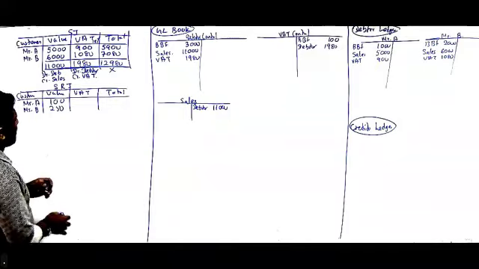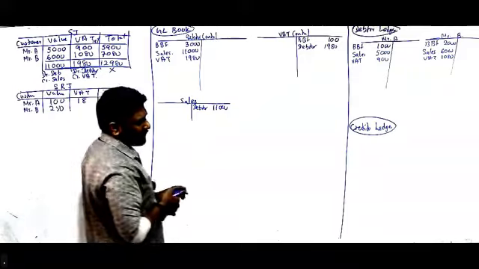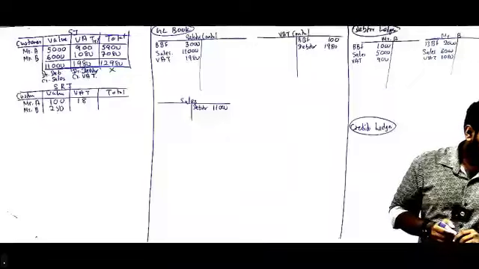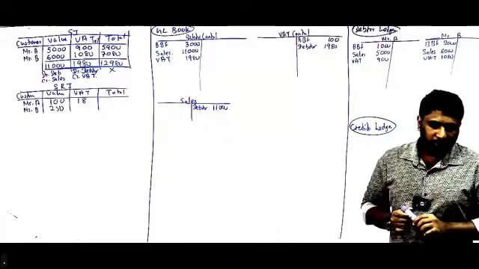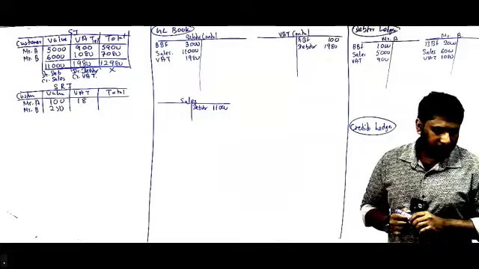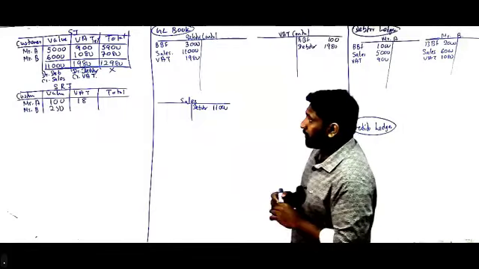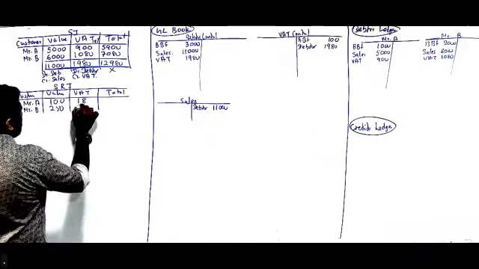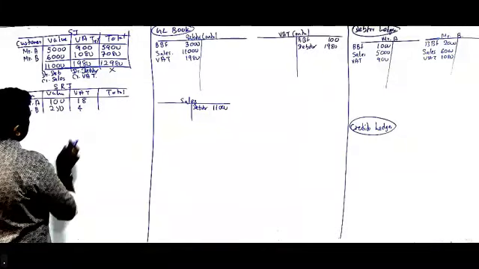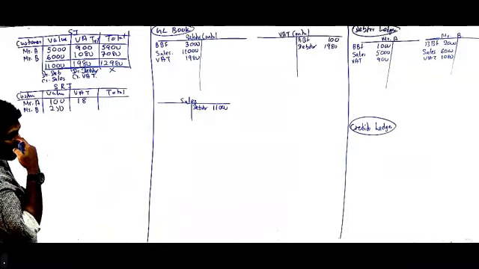So get me the 18% VAT amount. 250 at 18%, what's the value? 4,500. Then for Mr. B, 215 at 18%.